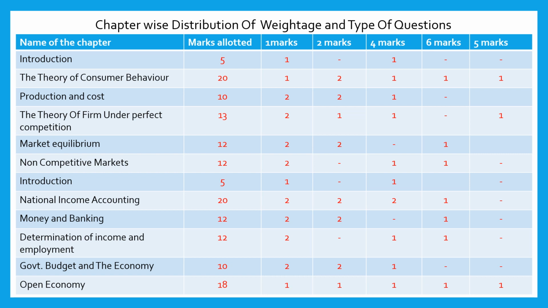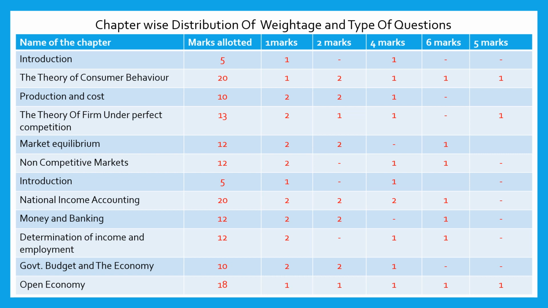Here we have the blueprint: which chapter has more weightage, from which chapter you can expect 6 mark questions and practical oriented questions, and even 4 mark questions where you have to spend a lot of time, and on which chapters you have to spend more time to get 100 on 100.